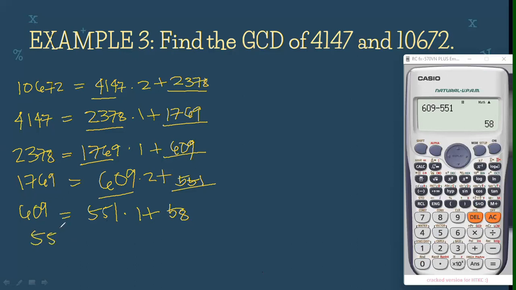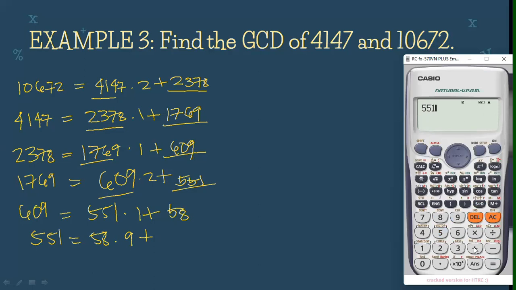So, 551 is equal to 58 times 551 divided by 58, that will give us 9. So, 9 na po yung isusulat natin dito. Plus 58 times 9, that will give us 522.